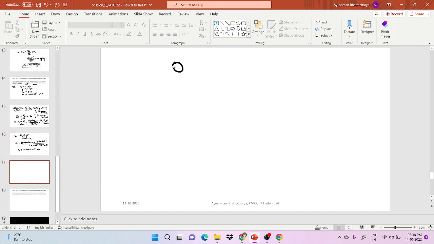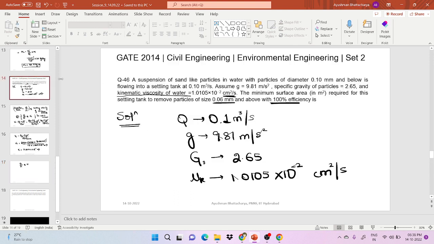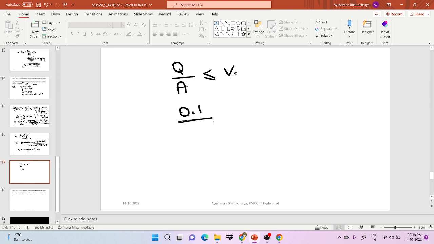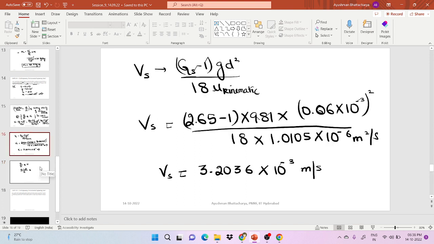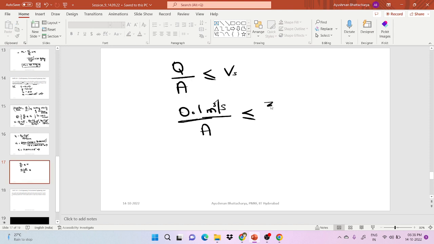Now from the same expression we can write Q by A should be less than or equal to Vs. This is what I discussed a few minutes back. If we substitute the value of Q, they have given 0.1 meter cube per second. Settling velocity is 3.2036 into 10 to the minus 3 meter per second.